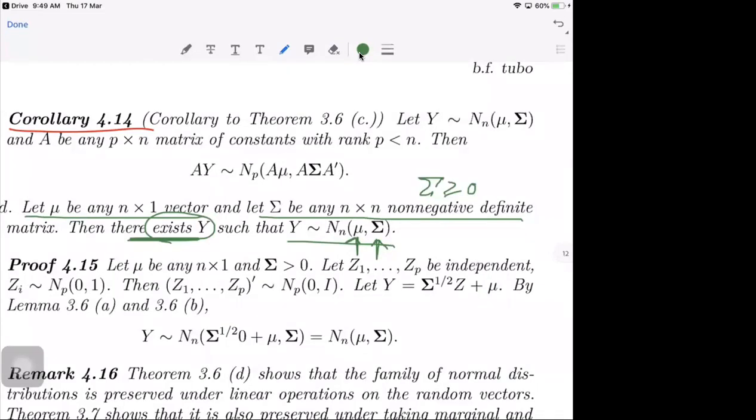So, unsa man na y? If we recall earlier, ang atong pag-define sa y is az plus mu, no? So, hinani na transformation, naagyo kay makita na normally distributed siya, no? So, az plus mu. Ang problema nato, unsa na ato ang a?